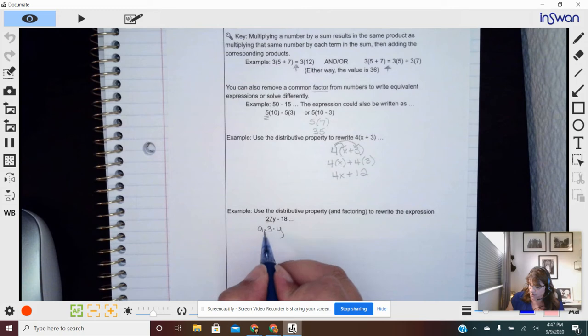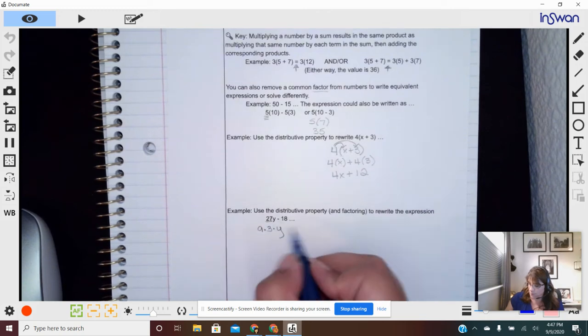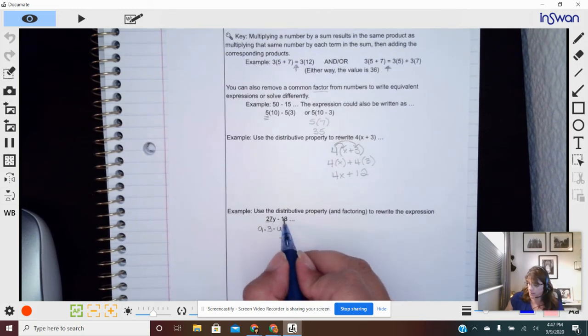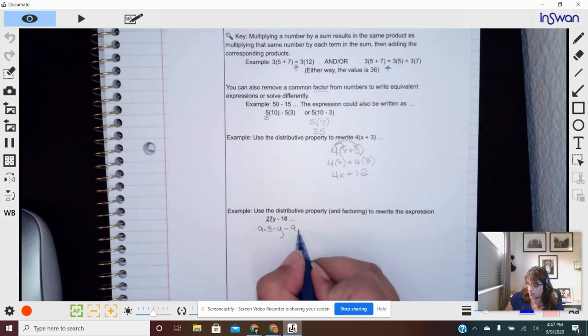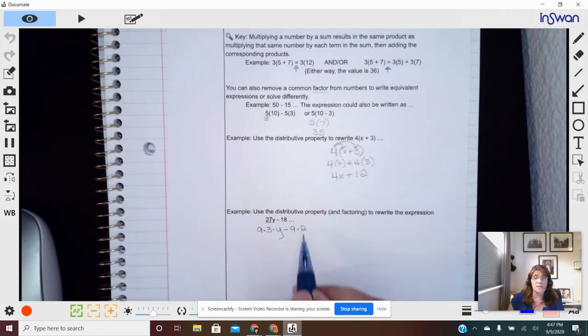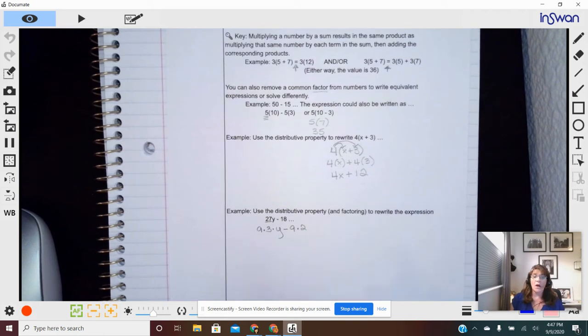So 27 is actually 9 times 3. Minus 9 times 2. 18 is 9 times 2. Okay? I didn't do anything different. I just rewrote it in a kind of an expanded form. That's what factoring does. It expands it into its pieces.